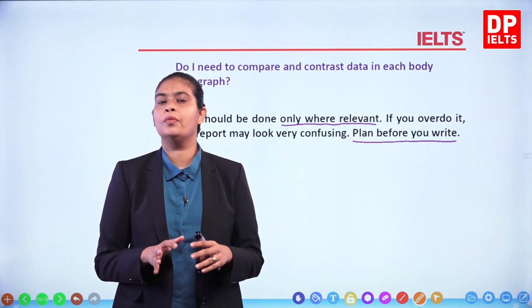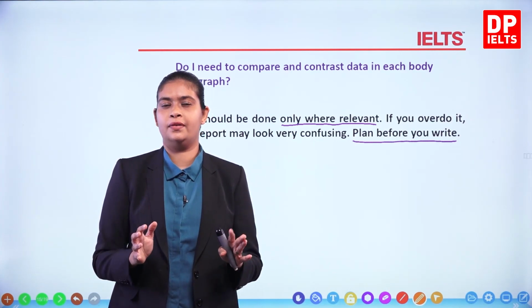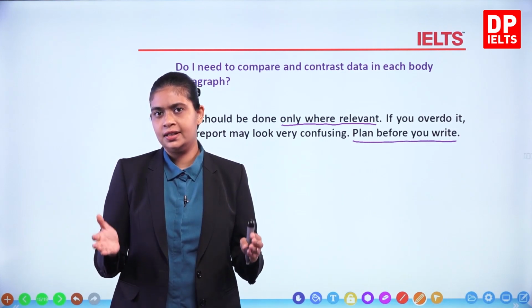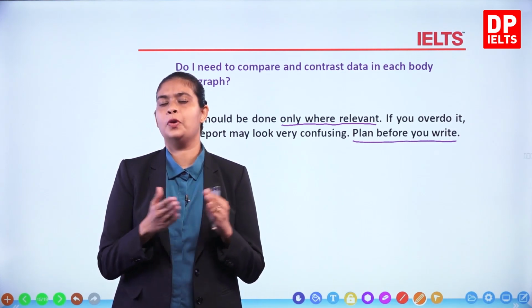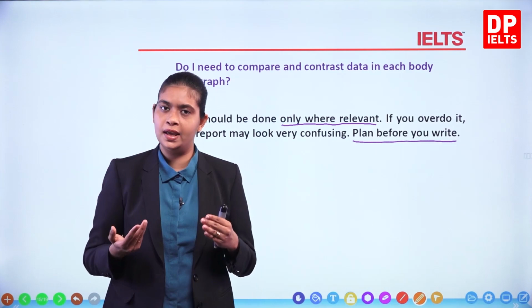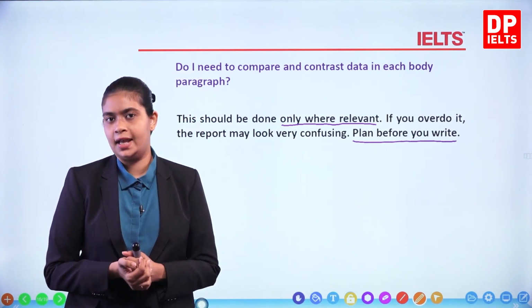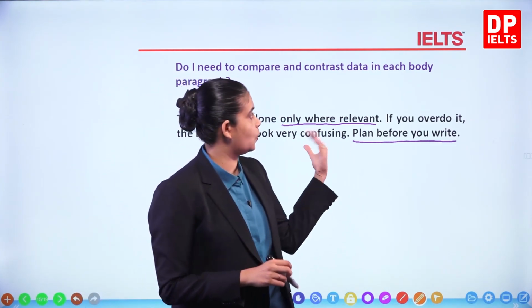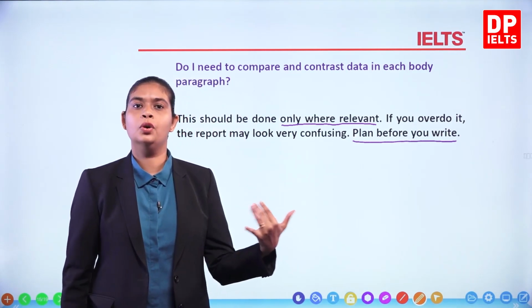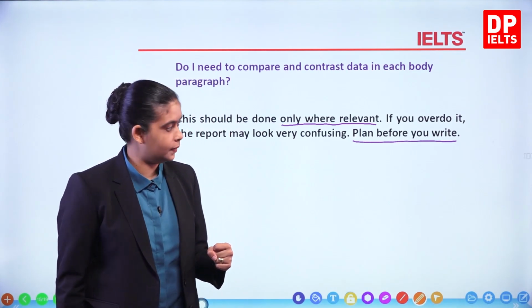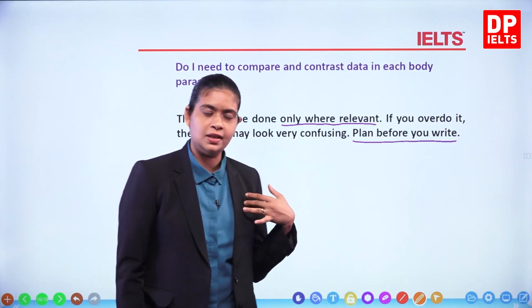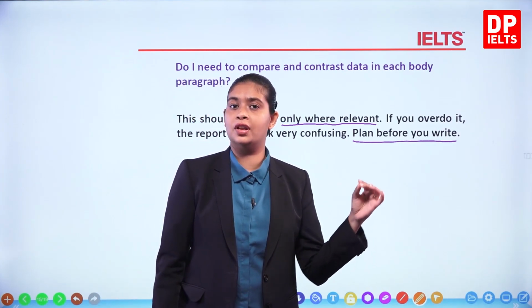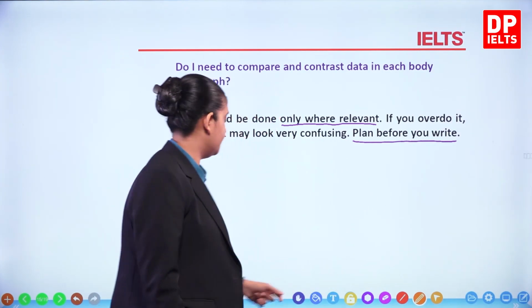There is no answer saying this is the only way, okay? You have to look at it, think what is the most appropriate way, what is the best way that the reader will understand my answer. Based on that, you have to break down your body paras. So my advice is plan before you actually write anything, okay?